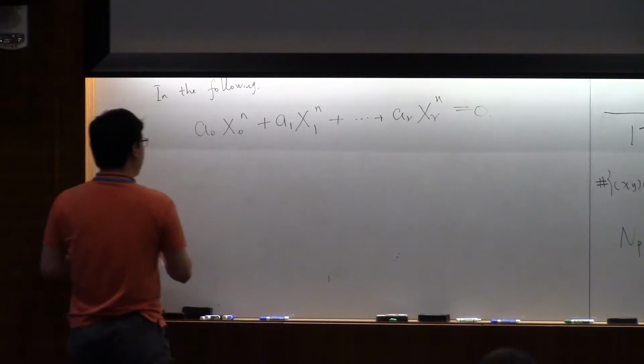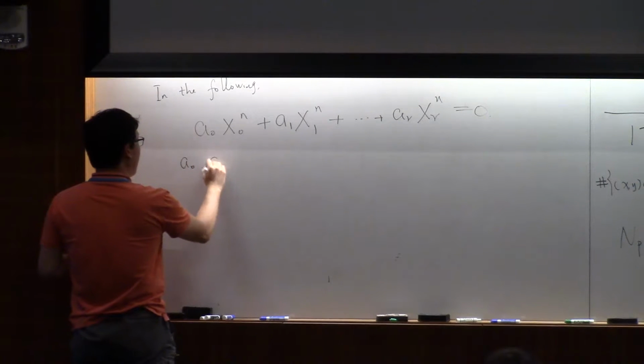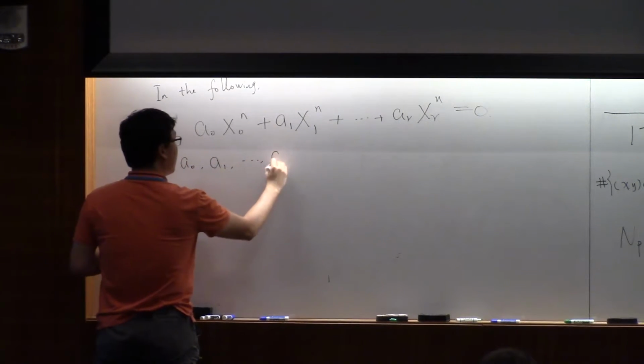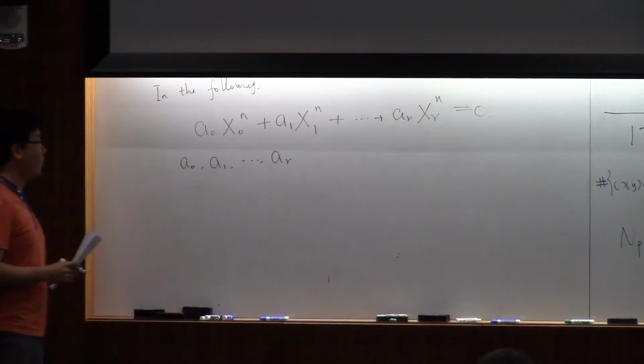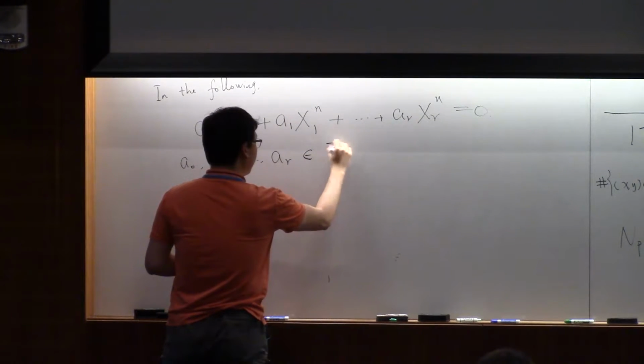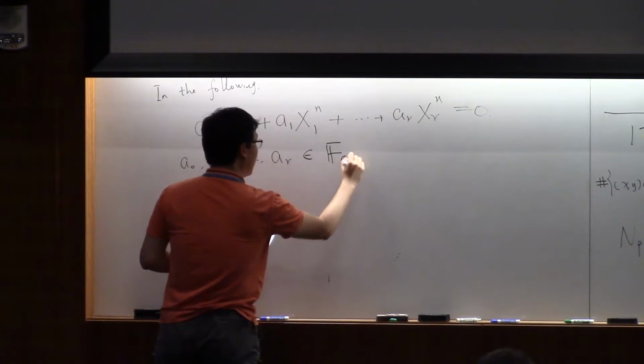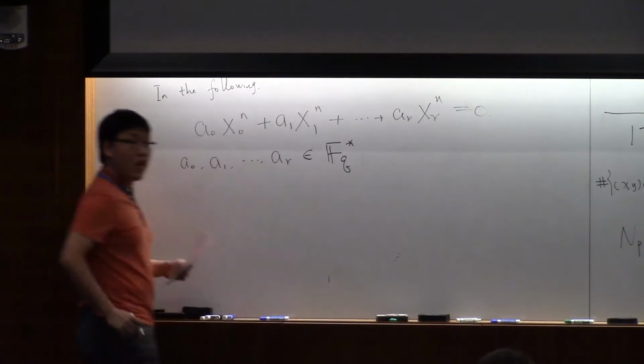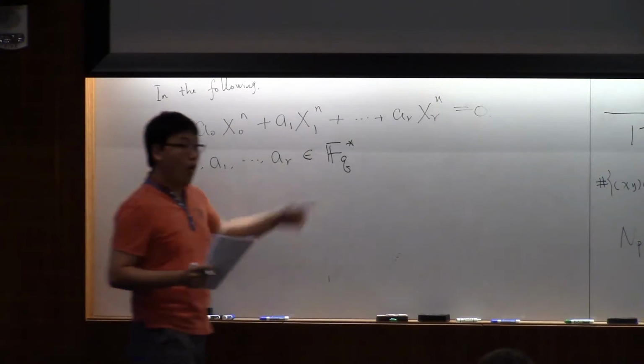Here a0, a1, up to ar are non-zero elements of a finite field.